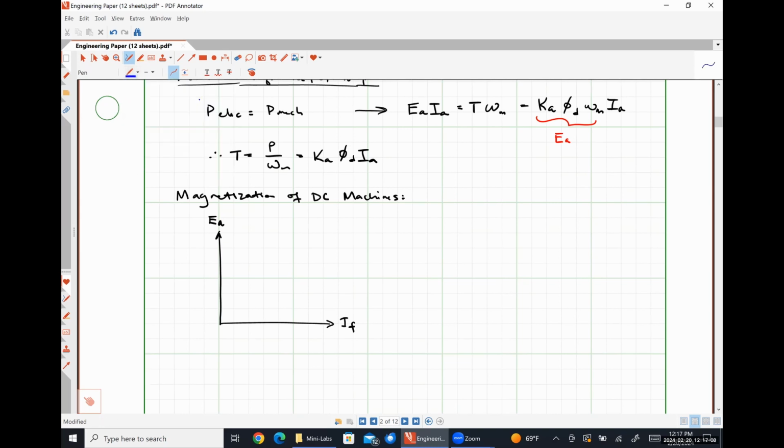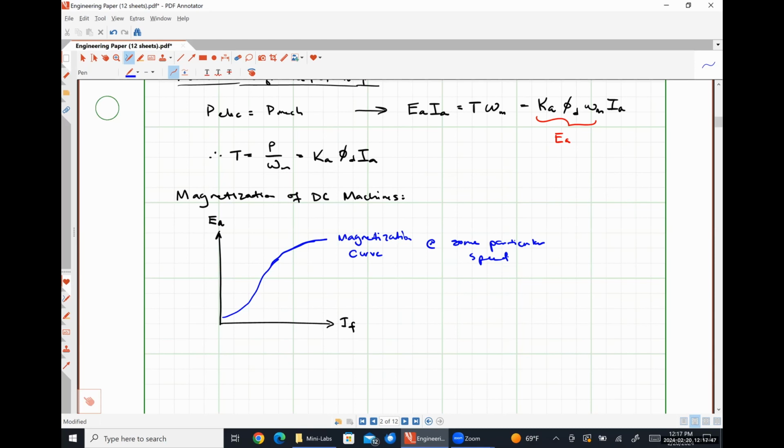And then we're going to have a magnetization curve that looks something like this. And it is at some particular speed. Again, this looks effectively identical to a BH curve for a magnetic material because that's exactly what it's representing.